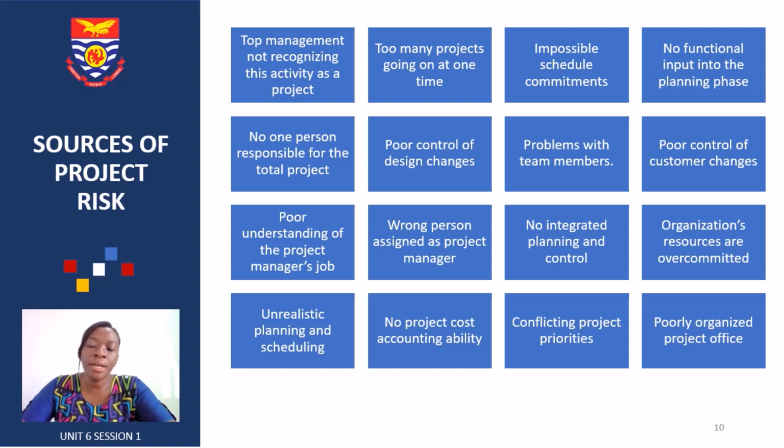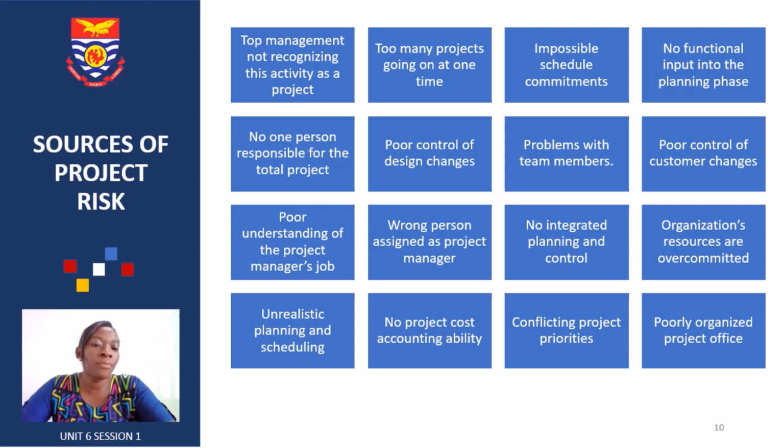No functional input into the planning phase. Very important. Then no one is responsible for the total project. There's no project manager. There's no one in charge of it. Someone has to be accountable for it. Poor control design for changes. Problems with team members. Poor control of custom changes.